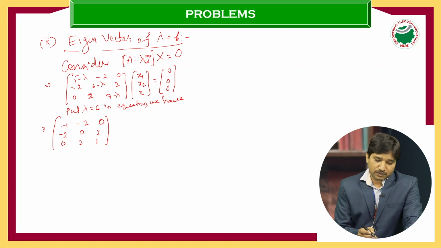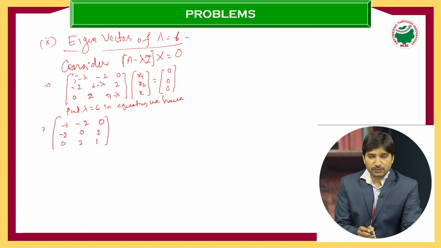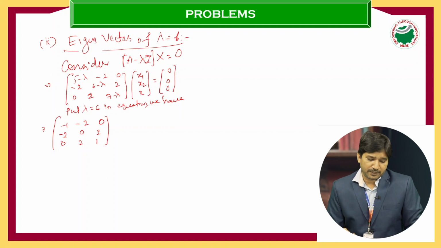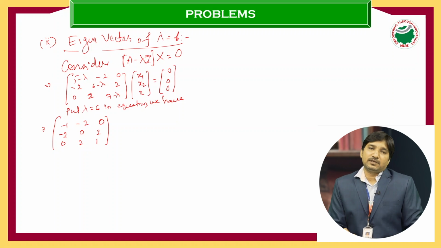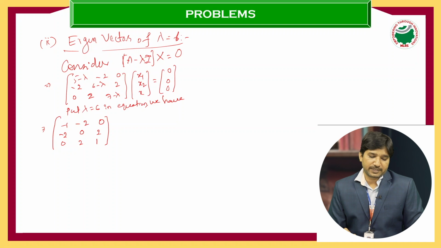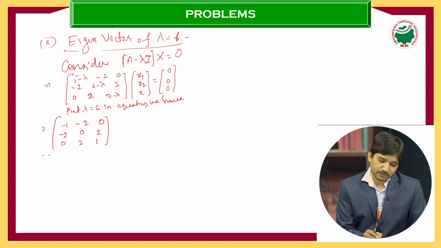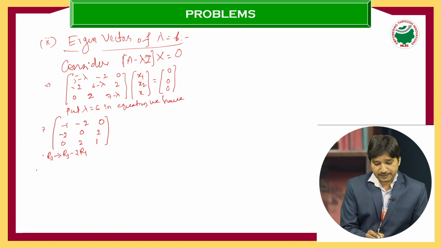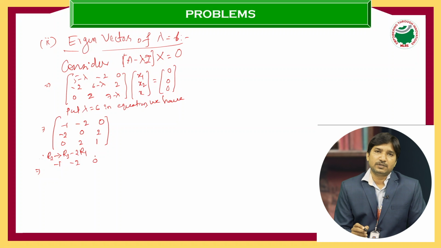Here, already minus 1, minus 2, so multiply the first row by 2 and subtract from the second row: R2 becomes R2 minus 2R1. That gives minus 1, minus 2, 0.